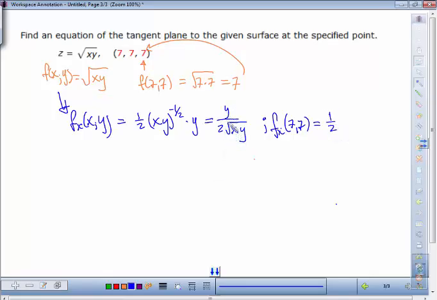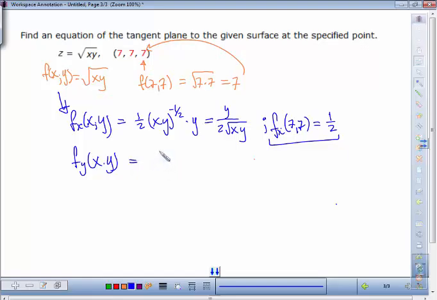So 49 square root is 7. You cancel the y and then that, and then the 2 is left. So I think it's, is this right? Okay. All right. So this number, 1/2, is going to be your capital A from your normal vector, right? So Fy, and I won't go through the whole thing because I know this looks a lot alike.